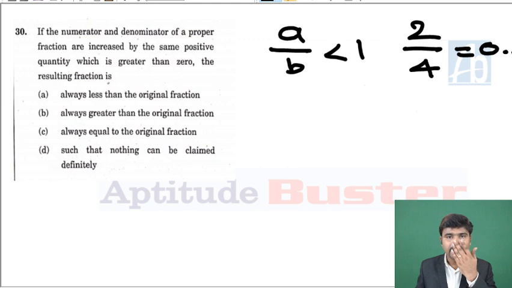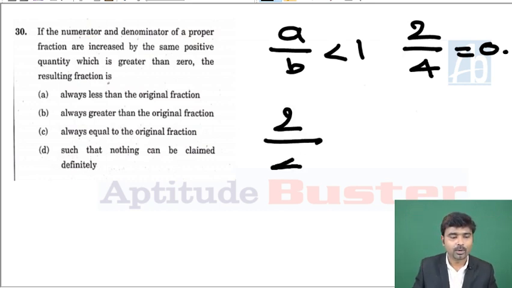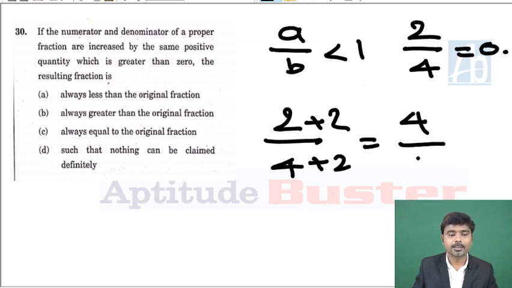I'm going to add 2 to the numerator and 2 to the denominator. 2 plus 2 by 4 plus 2, right? The numerator is 4, the denominator is 6. It's nothing but 2 by 3. 2 by 3, it's nothing but 0.66, right?